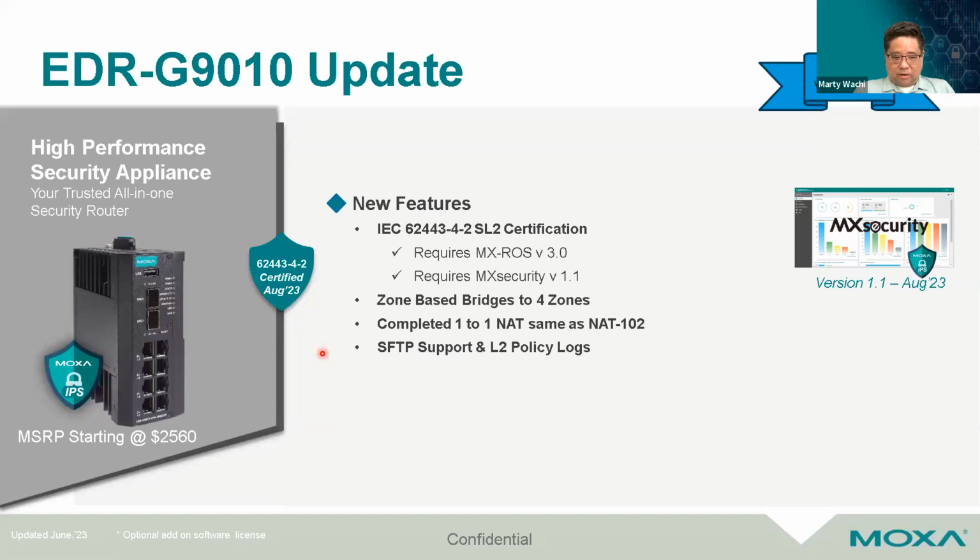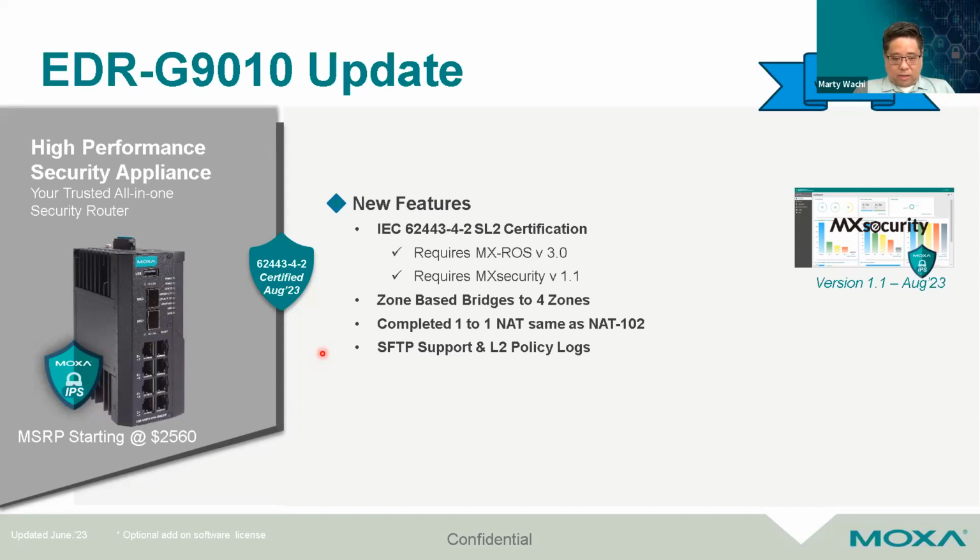So with the new update, we get the certification, obviously, just like with the switching team that basically branded the software MX NOS, the routing team with the new next generation EDRs and OnCells will be branding that MX ROS, and this will be the 3.0 version. It'll also require MX Security version 1.1. Some of the big updates here is zone-based bridges. We've increased that to 4 zones to match what we do in the NATed firewall mode.